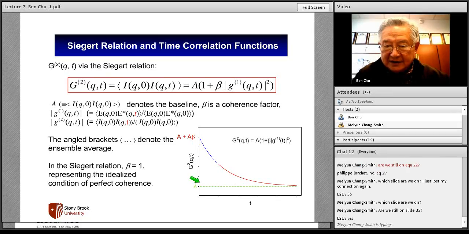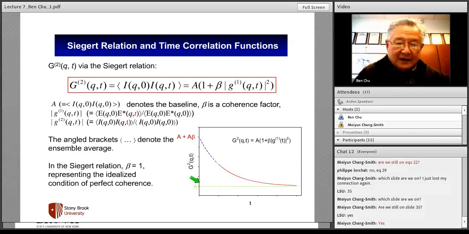Okay. So this represents a slight complication in how to obtain the proper values in order to obtain g1, the lowercase g1, the first order electric field time correlation function that's normalized, as shown in this case.